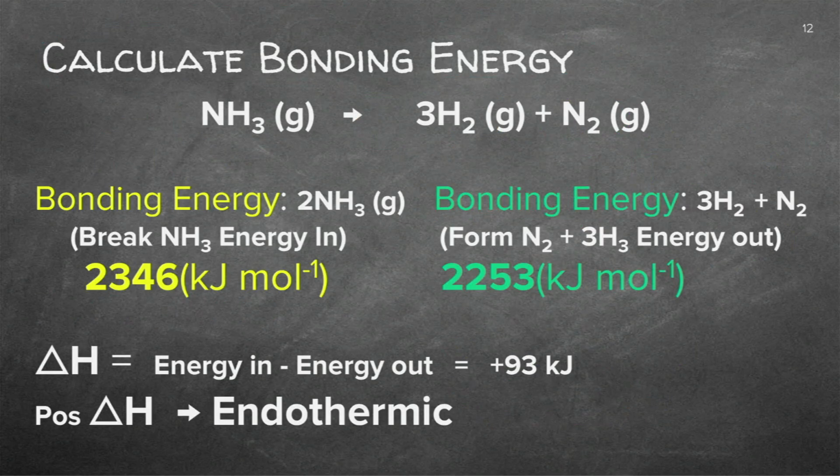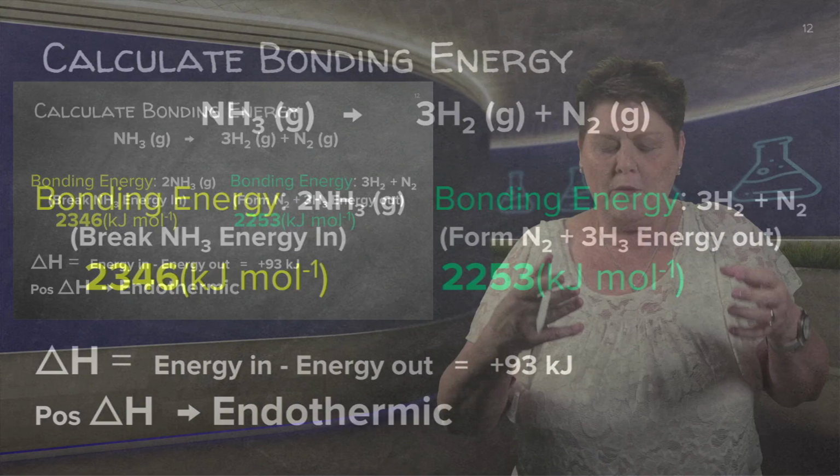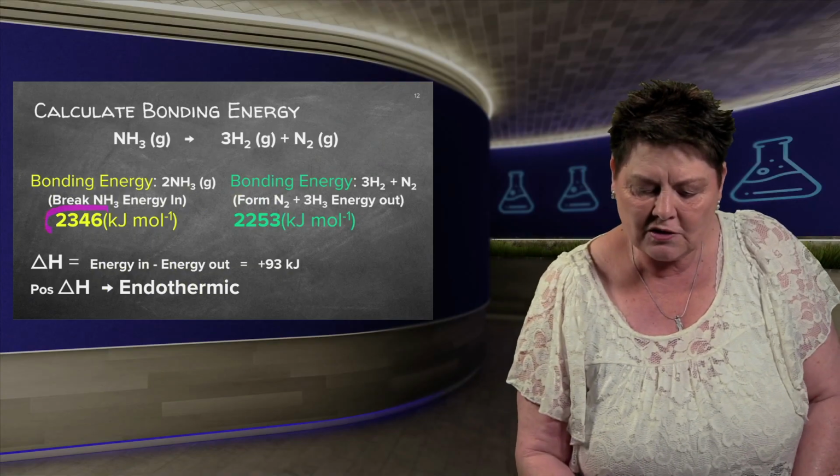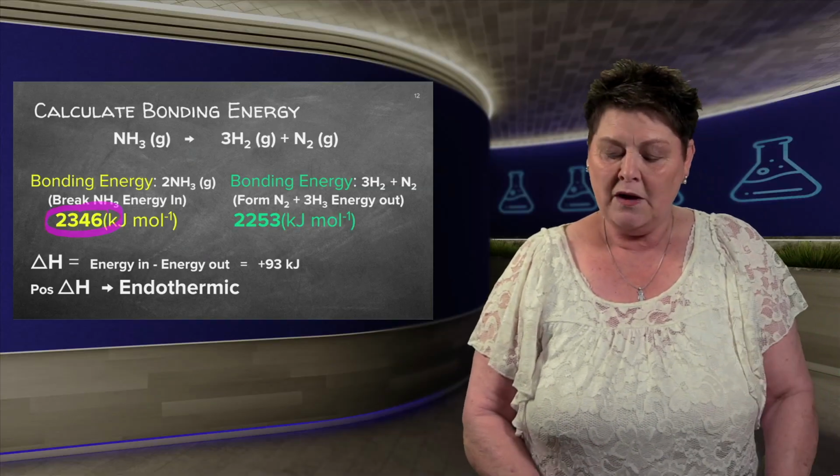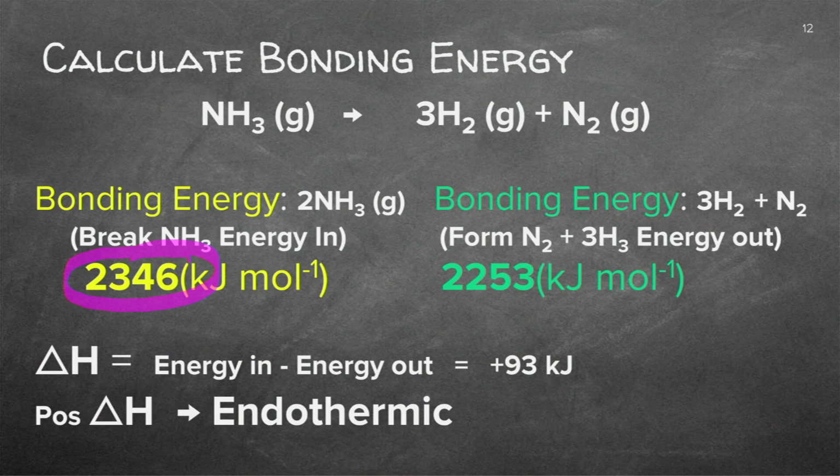Now let's have a look. To put the reactant in an activated state, to break all the bonds, it took 2,346 kilojoules for every mole. When they released energy to form a product, it was 2,253, which means the energy in minus the energy out is giving me a gain of 93 kilojoules.